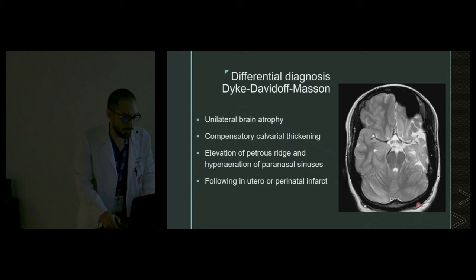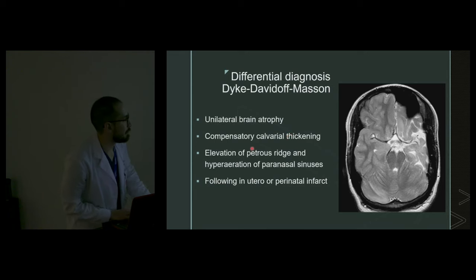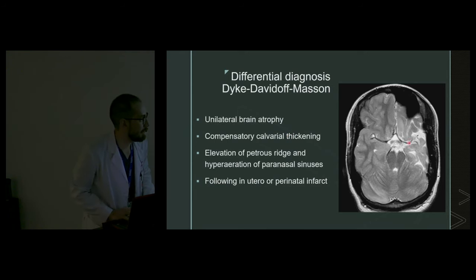Another differential diagnosis is the Dyke-Davidoff-Masson syndrome, which is also unilateral brain atrophy. To differentiate this one from the Rasmussen encephalitis, we can see the compensatory calvarial thickening on this T2 MRI.